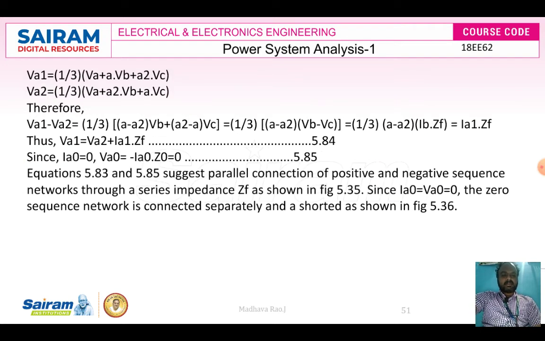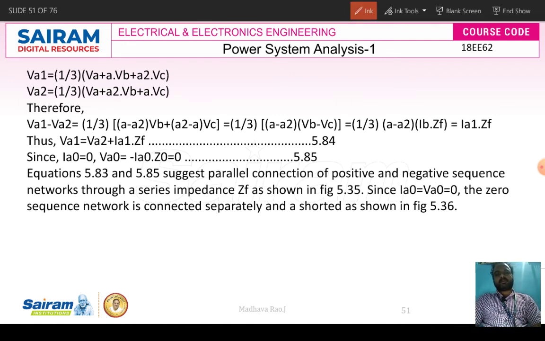And we will find out the voltage symmetrical components VA1, VA2 and VA0. VA0 will always be equal to 0, since IA0 is equal to 0, so the 0 sequence voltage will be equal to 0.